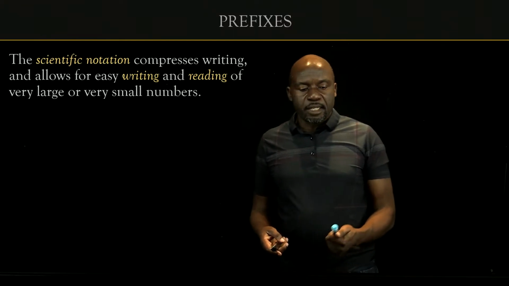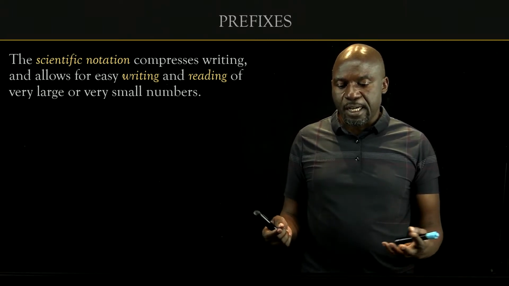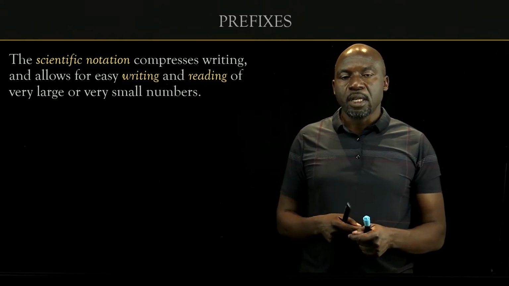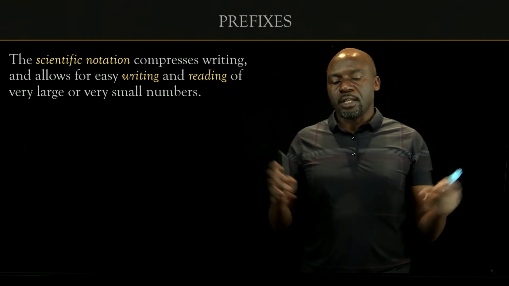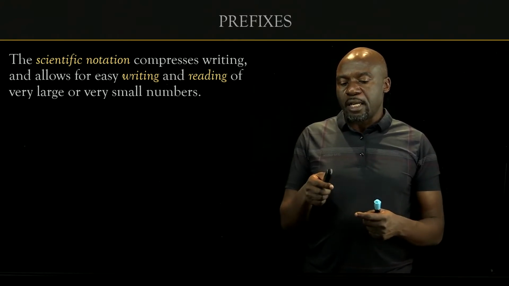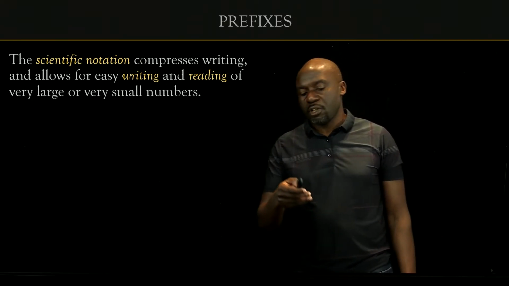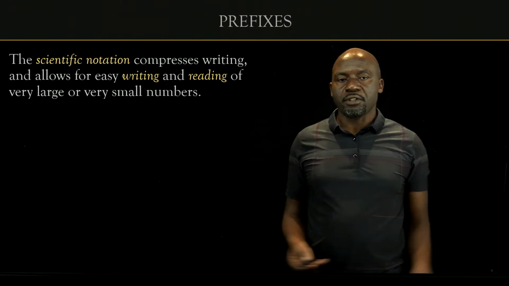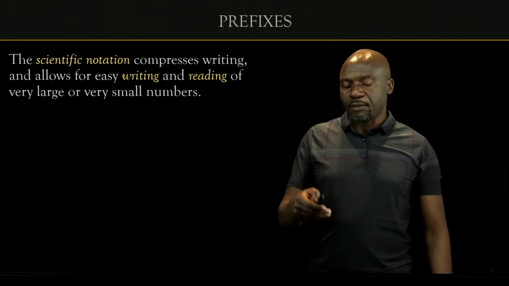Now, we've learned that scientific notation helps us compress a very, very large or a very, very small number. In other words, so as not to write so many zeros, we can compress and write a number in scientific notation. So scientific notation is very useful for various reasons. I think there are at least 4 reasons why we want to express a number in scientific notation.